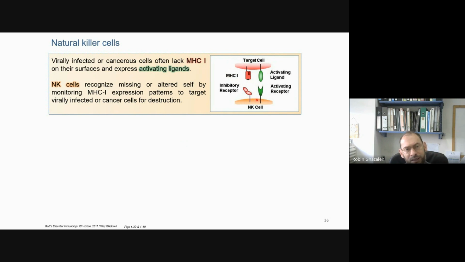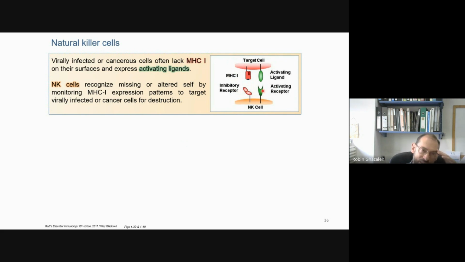So natural killer cells have an inhibitory receptor, such that if everything is fine, if the amount of MHC1 is normal, then the natural killer cell is inhibited. But if this inhibitory receptor doesn't find any MHC1, then this is one of the two steps which can result in activation.